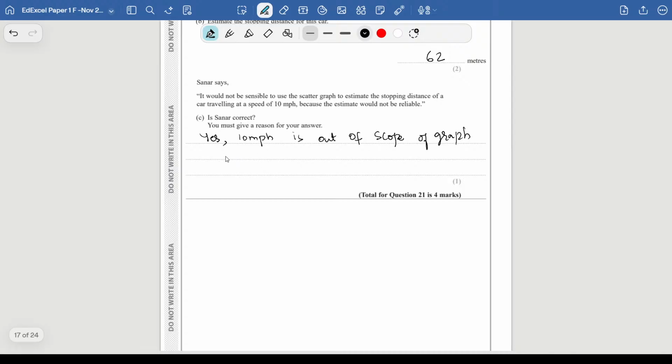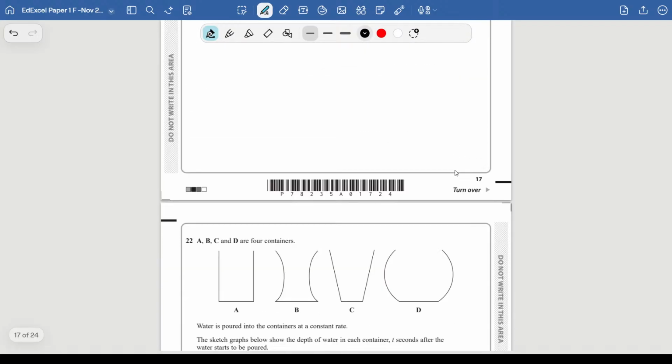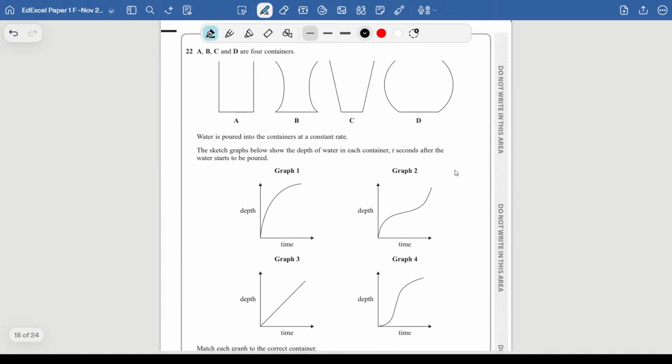It's out of the scope of the graph, so we cannot estimate the stopping distance. Any one statement will be sufficient. You just have to say yes and give one supporting statement. It's for 1 mark after all, okay? Moving on to the next question.